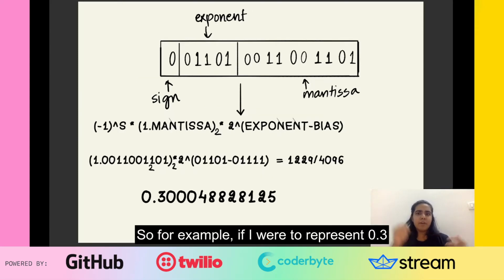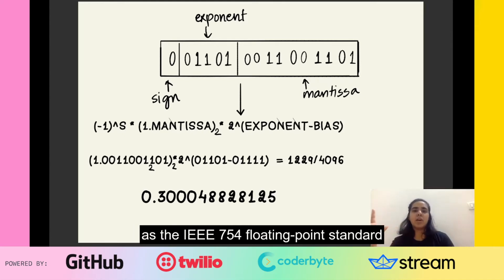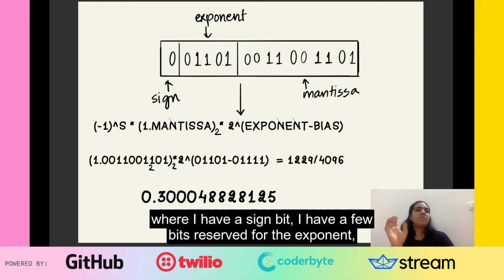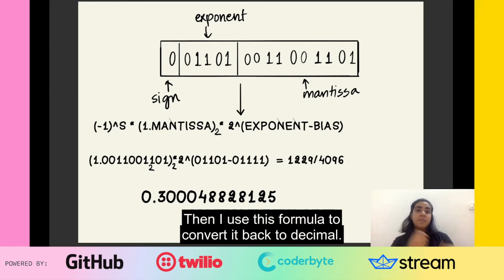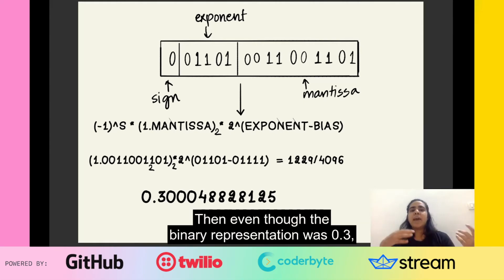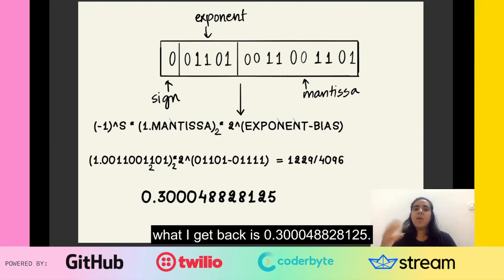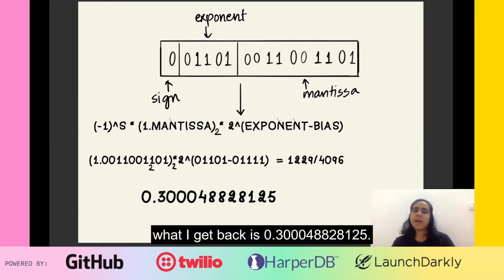So for example, if I were to represent 0.3 in the IEEE 754 floating point standard, where I have a sign bit, a few bits reserved for the exponent and a few bits reserved for the mantissa, and then I use this formula to convert it back to decimal, then even though the binary representation is for 0.3, what I get back is 0.30048828125.